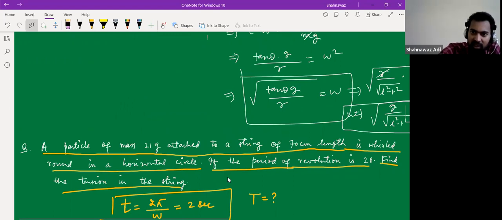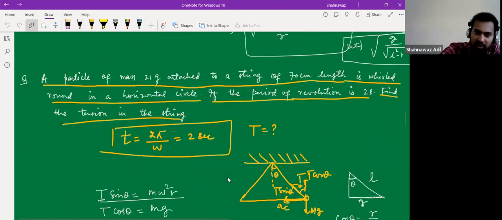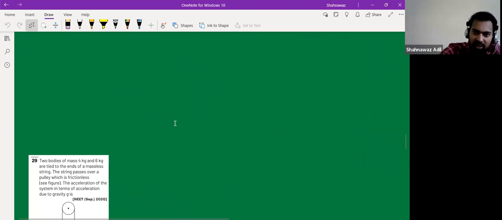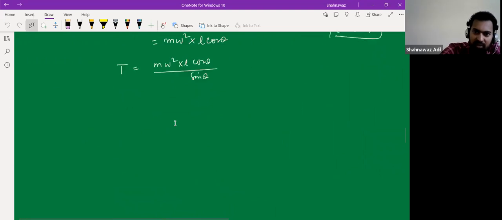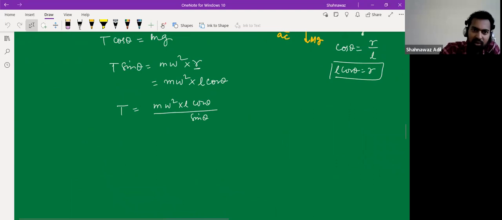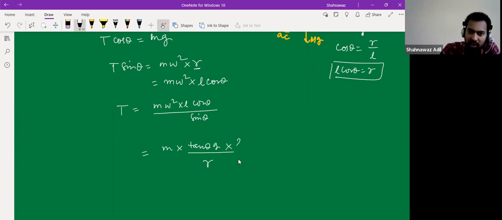So we calculated omega, which was what? Tan theta into g by R. So m omega square was tan theta into g by R, and this is L, and this is tan theta.